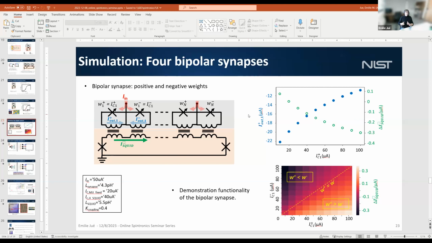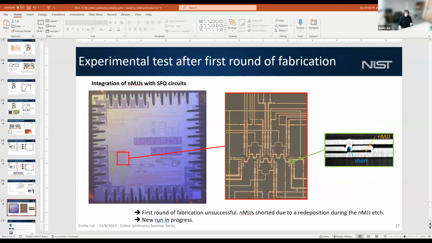The idea would be to use some of these SFQ circuits that have existed for a long time and see how we could integrate that with this type of technology, which increases even more our motivation to develop this process that allows us to include the normal Josephson junction and our Josephson junction.